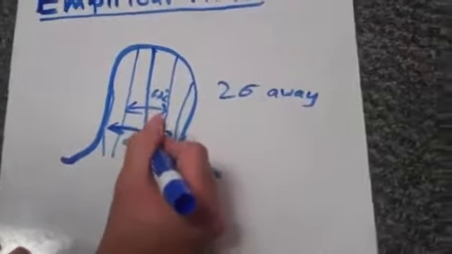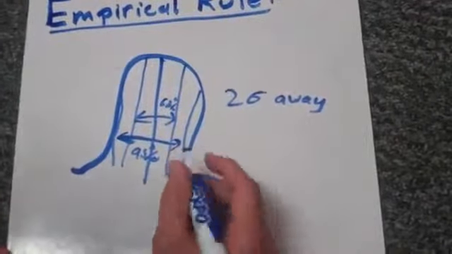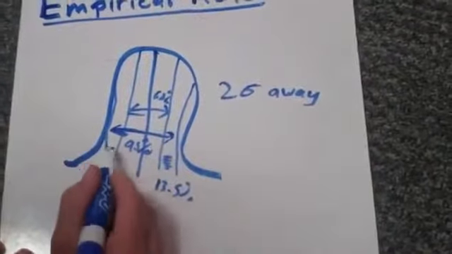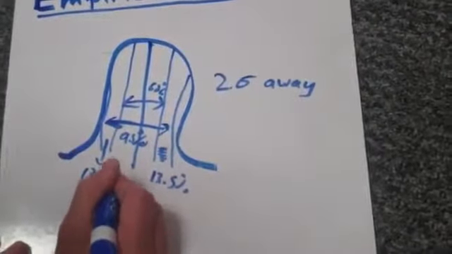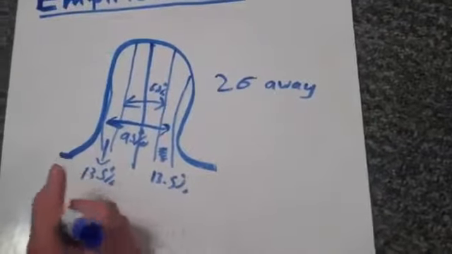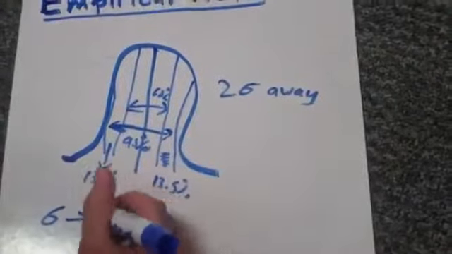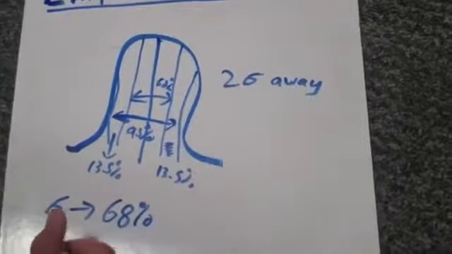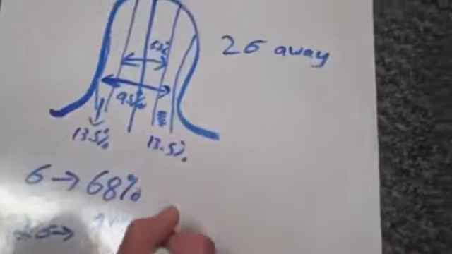So basically, within this portion right here, you will have 13.5% of the data, and here you'll have 13.5%. So if you have one standard deviation away from the mean, that's where 68% of our data will lie. 2 standard deviations, we will have 95% of our data.